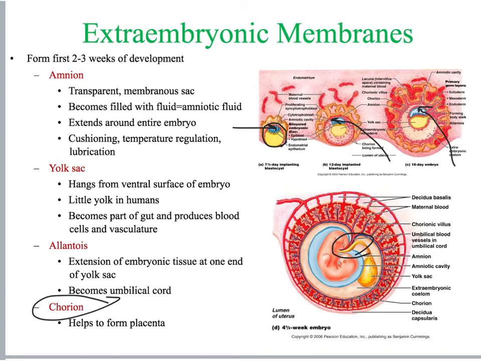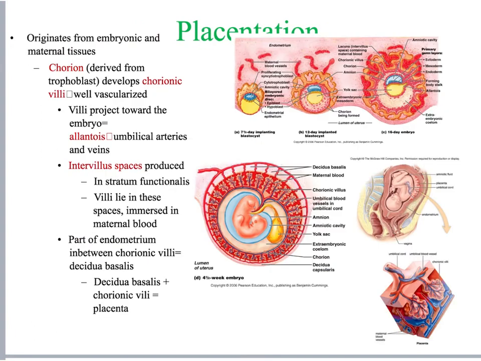And the chorion is the fetal or embryonic part of the placenta. You can see in this picture these outcroppings all around that developing embryo that insert themselves into the endometrium and contain lots of blood vessels.